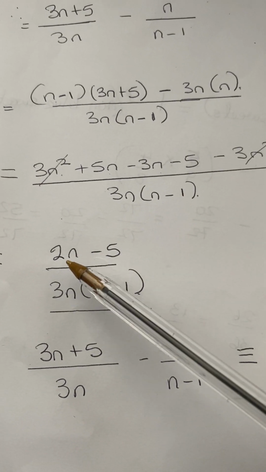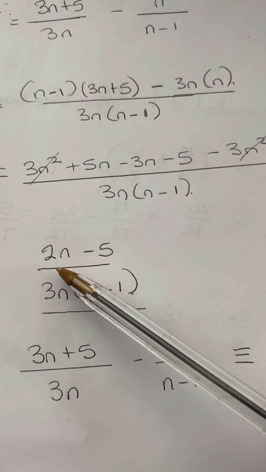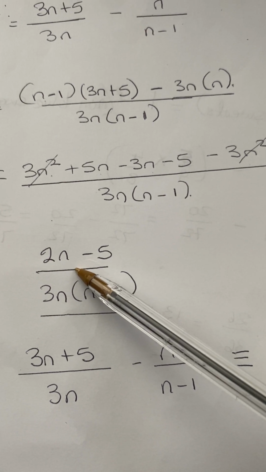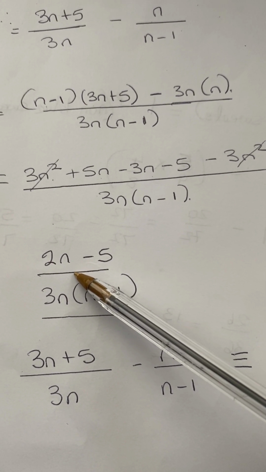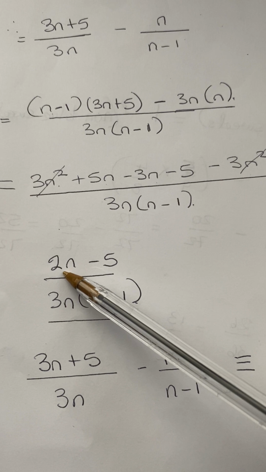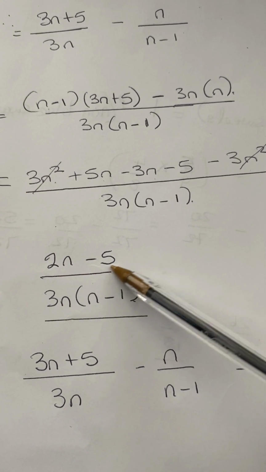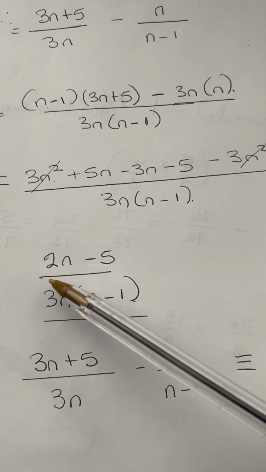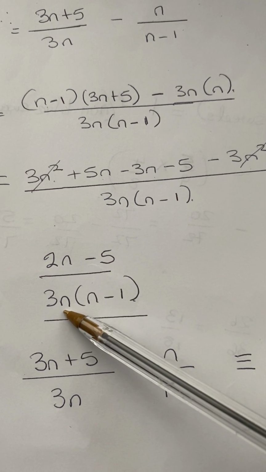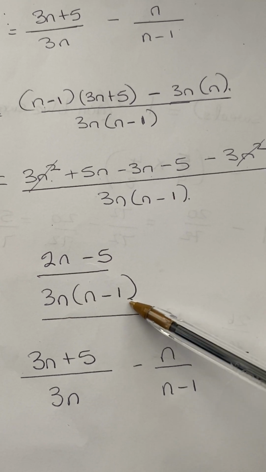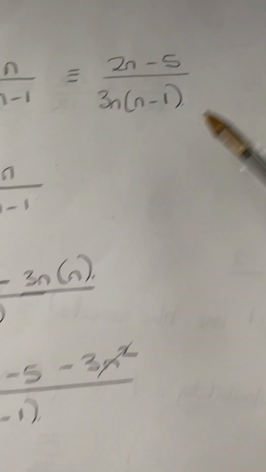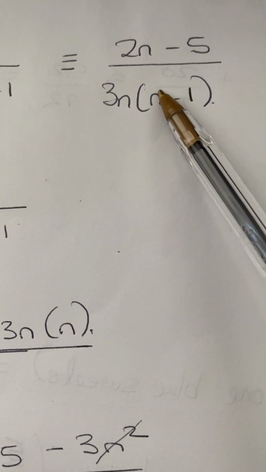So now we've arrived at 2n minus 5, all divided by 3n(n minus 1), and that is what we are supposed to prove.